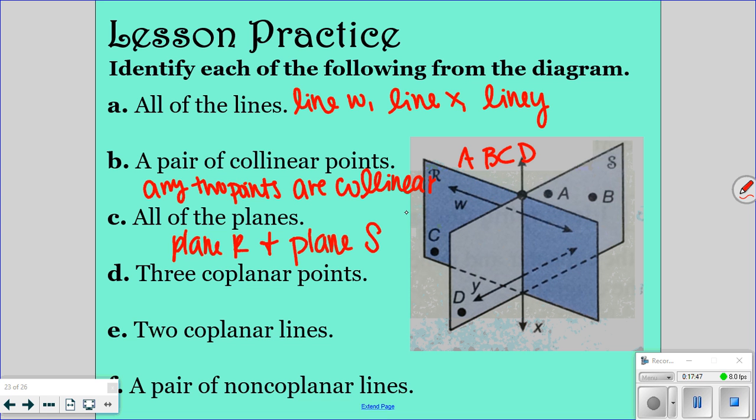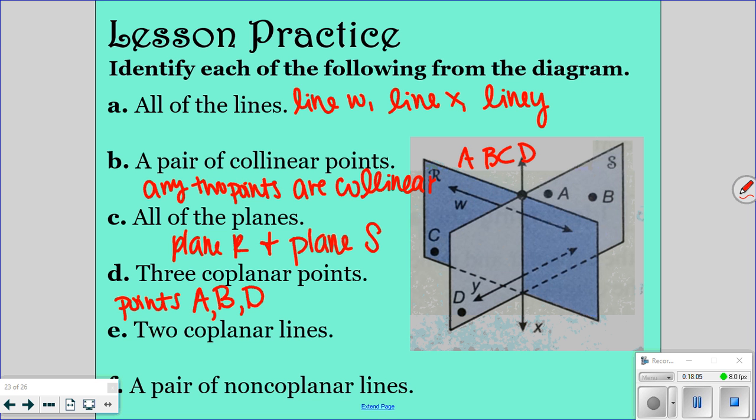Now, the 3 coplanar points are going to be A, B, and D. So points A, B, and D are your coplanar points.